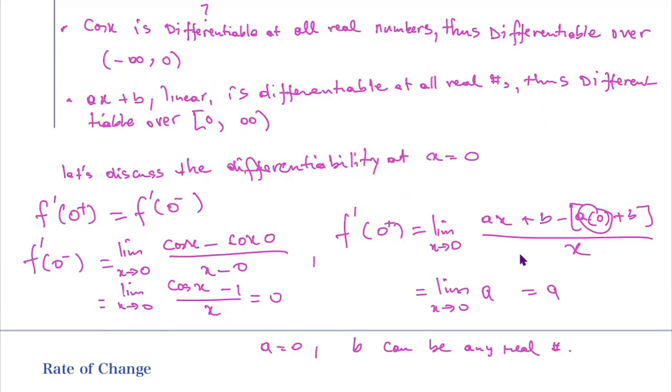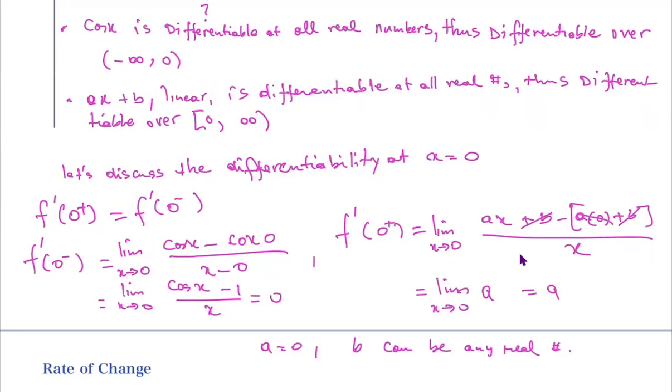So we would have a times 0, that's 0, and then b minus b, this minus sign changes this to a minus, so b minus b is 0. So I have ax over x, x cancels, so that's a.